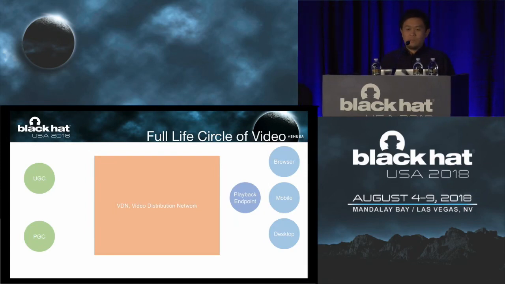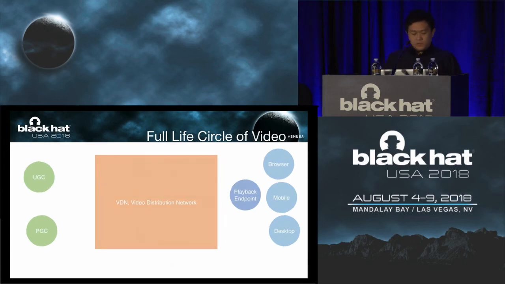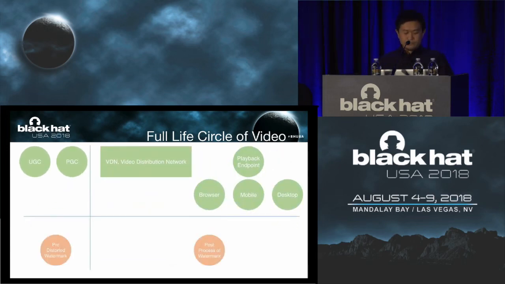After that, the full life cycle of video: there is the content side, where we have user-generated content, and the PGC, the professionally generated content. And then they pass through the VDN, which is called the Video Distribution Network, and come to the playback endpoint, which includes browser, mobile and desktop. So from the content side, we want to do some pre-distortion to distort the watermark before uploading.